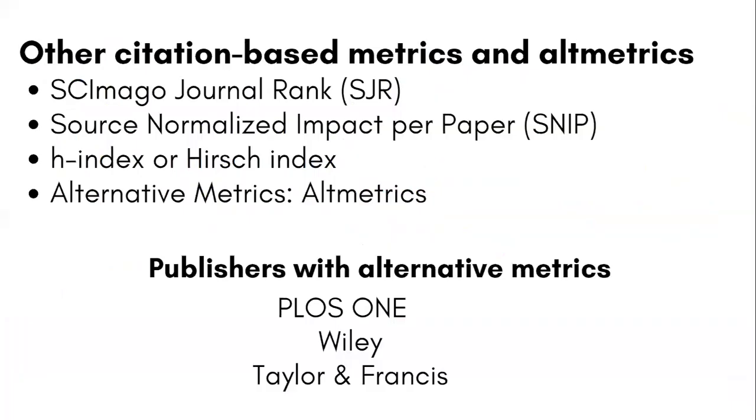And there are other citation-based metrics and altmetrics, and I'm just giving some examples here. There are lots and lots of them out there. There's Scimago Journal Rank, the SJR. People are using it more and more currently.